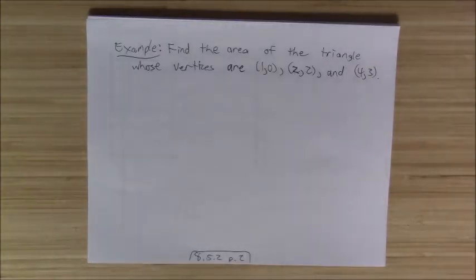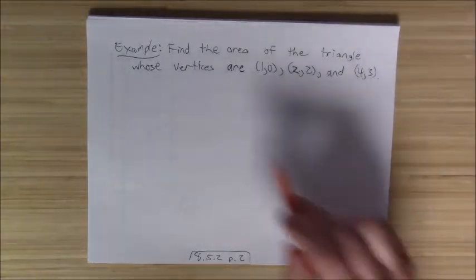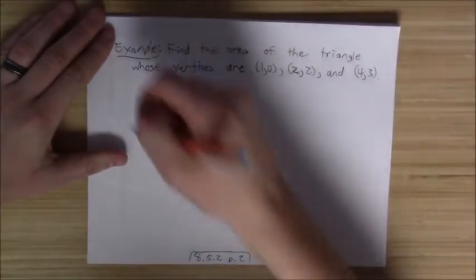As an example of this, let's find the area of the triangle whose vertices are (1, 0), (2, 2), and (4, 3).